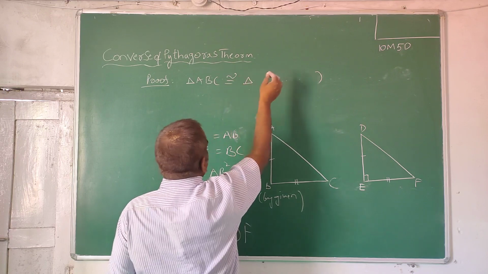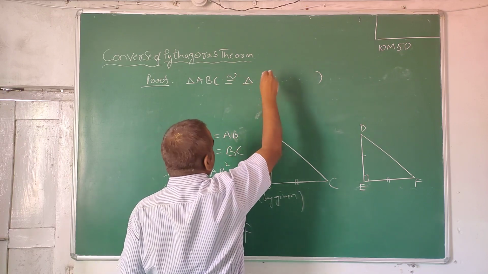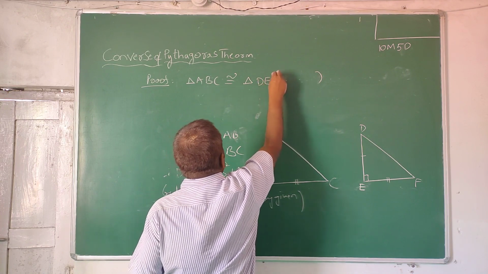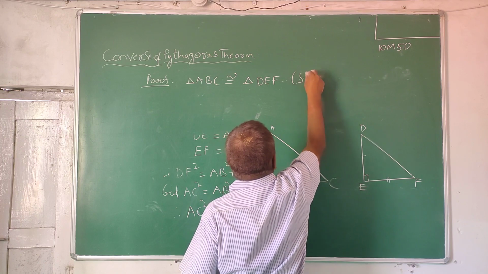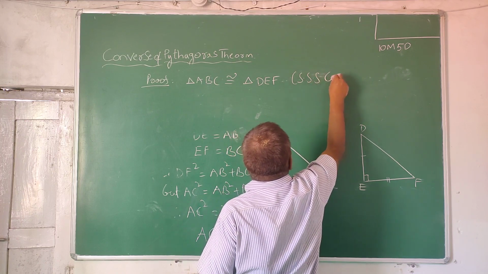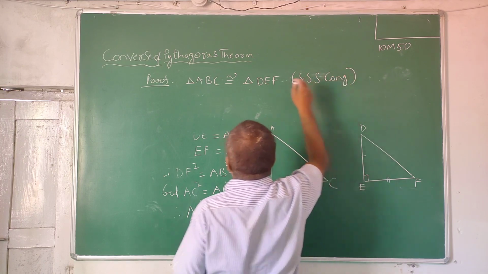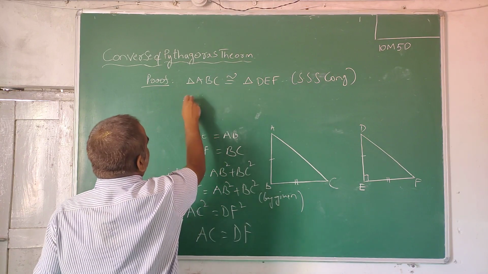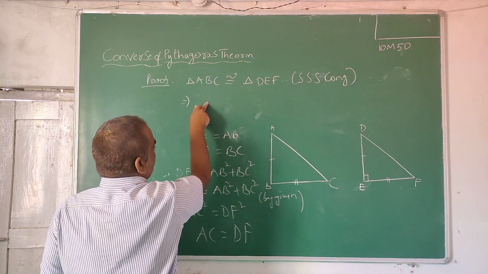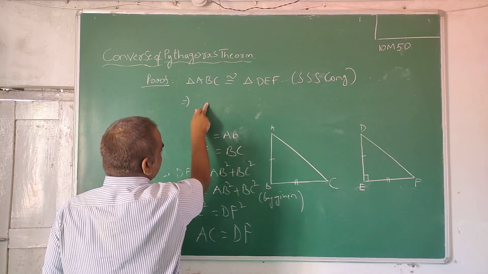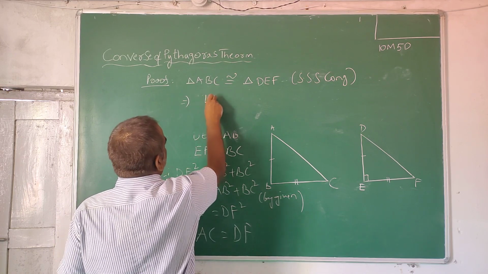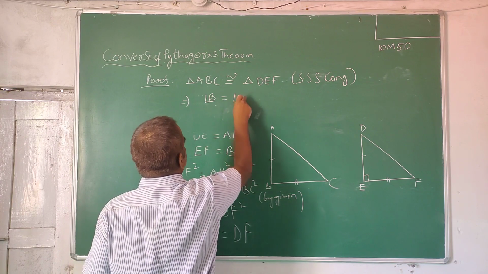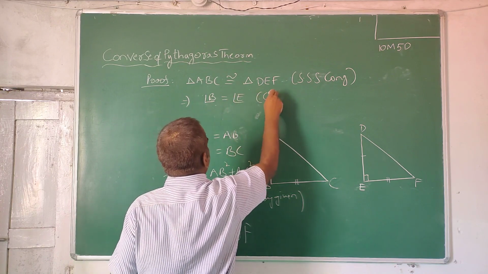Triangle ABC is congruent to triangle DEF by SSS. Did you understand? Then by corresponding parts of congruent triangles, CPCT, angle B is equal to angle E.